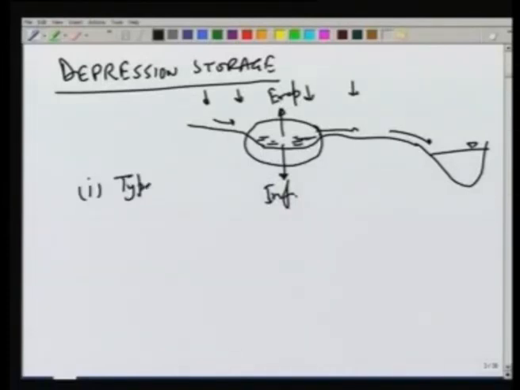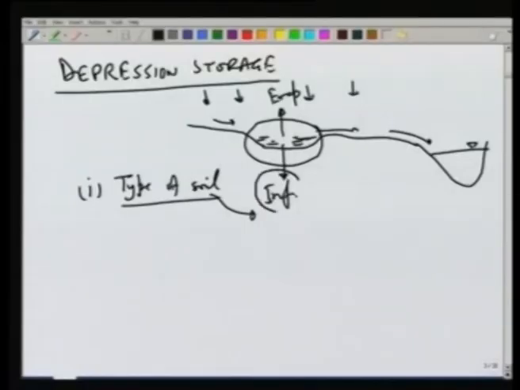The type of soil, because the loss from depression storage will depend on the infiltration. Therefore, the type of soil which will affect the infiltration rate will decide the loss through depression storage. For example, if you have sandy soil, then you have more loss due to depression storage.